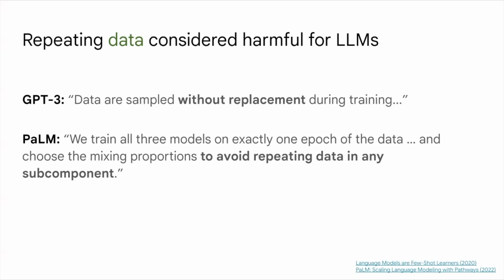However, it's not evident why these decisions were made, why we're not repeating. So the first question we ask is: is repeating data really that bad? And can we quantify how bad it is?